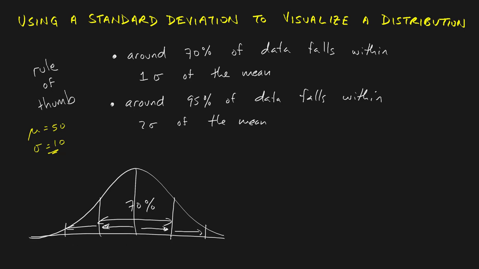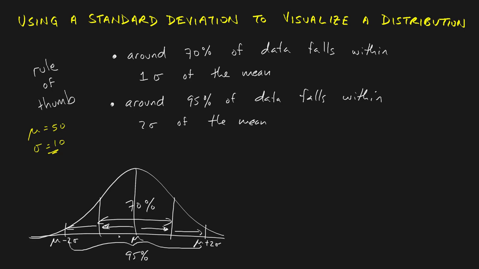Almost all of the data. There's really not much of anything left over after that. This is 95% of my data falls within 2 standard deviations. So if the mean is there, this would be the mean plus 2 standard deviations. This would be the mean minus 2 standard deviations.